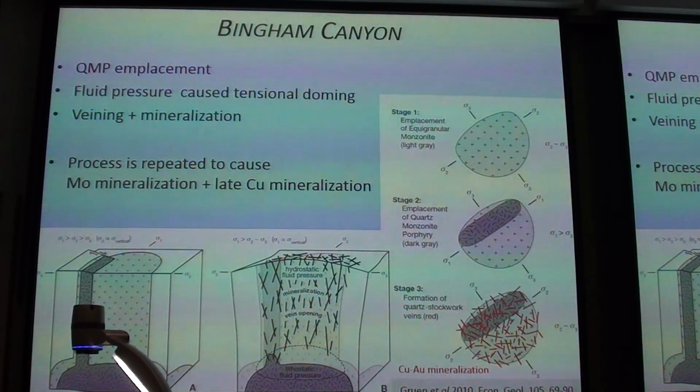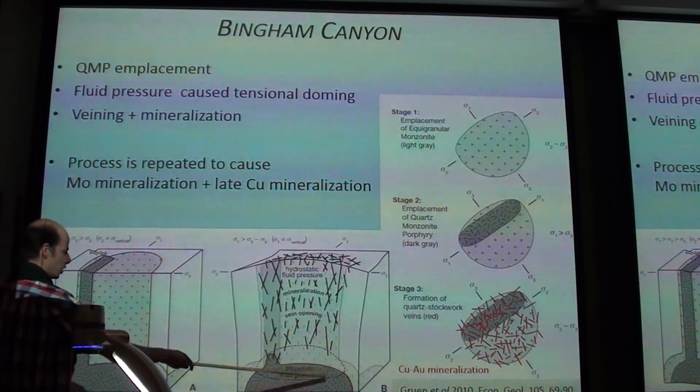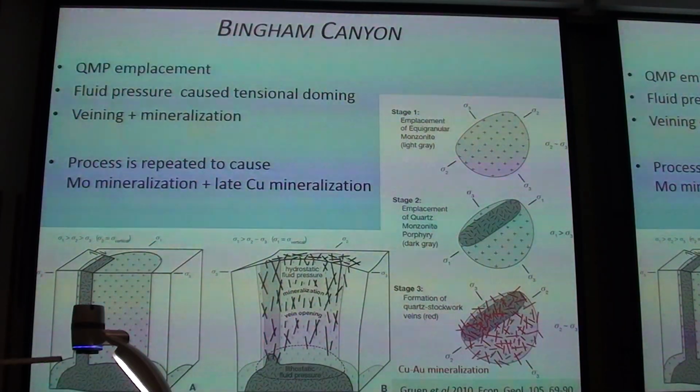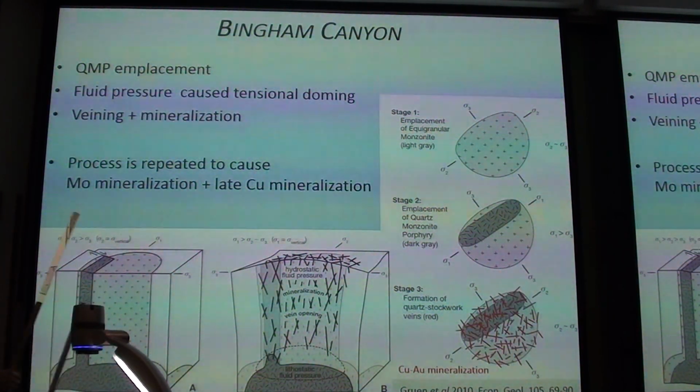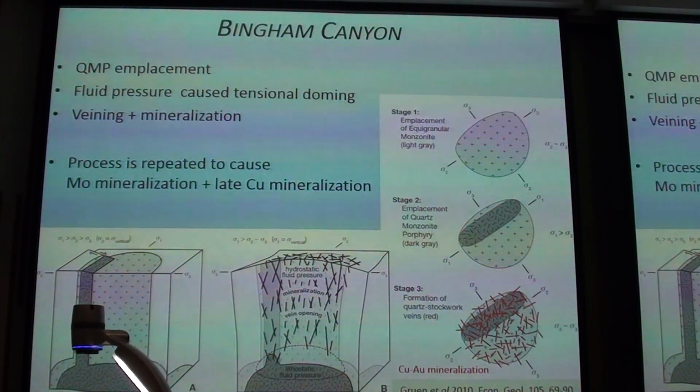Then a second, porphyritic intrusion came along and introduced a lot of fluid, and due to the build-up of fluid pressure at the top of the reservoir, this caused doming of the system. When you have doming, you get an increase in volume, but you retain the same mass. And so you allow all this fracturing. And the fracturing is where the fluids can percolate and precipitate the copper or the gold. And this process occurs again and again, several times.